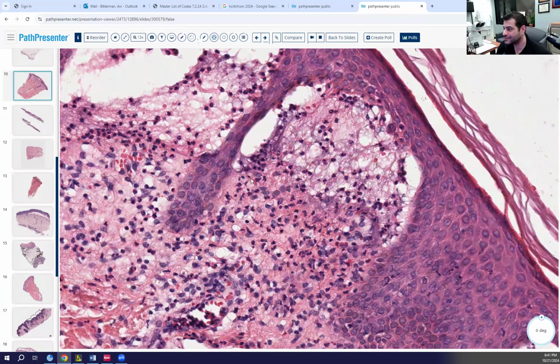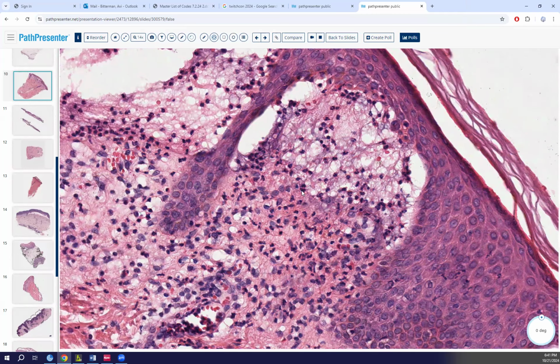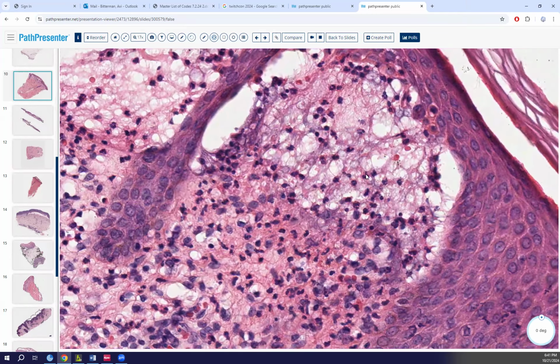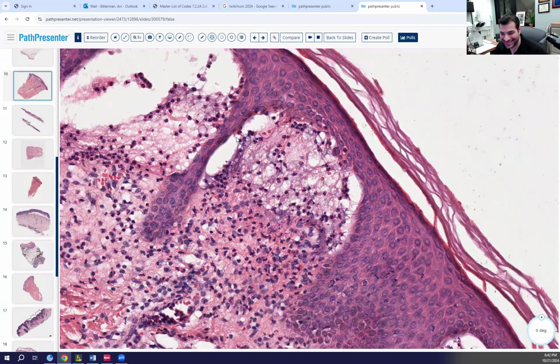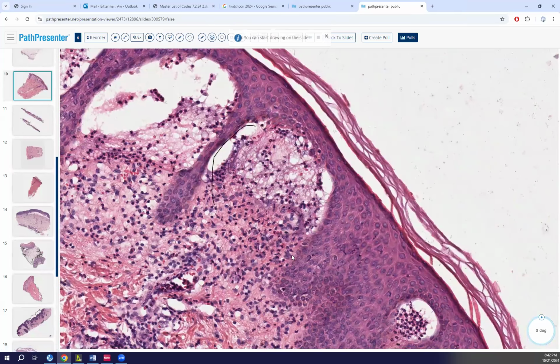What's in there? Neutrophils. What did we decide on? I'm going to say neutrophils. Yes. Neutrophils, so what is it?